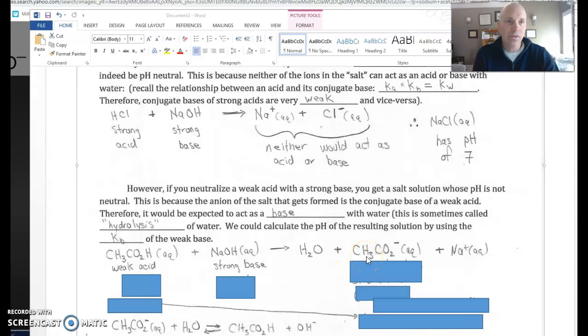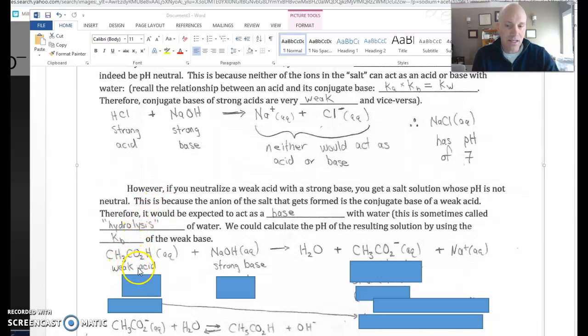So when considering what the pH of that solution would be, we need to take a look at the ions and ask ourselves, would either of these be inclined to act as either an acid or a base? The thing that should stand out is acetate right here. What is important about acetate is that it is the conjugate base of acetic acid.